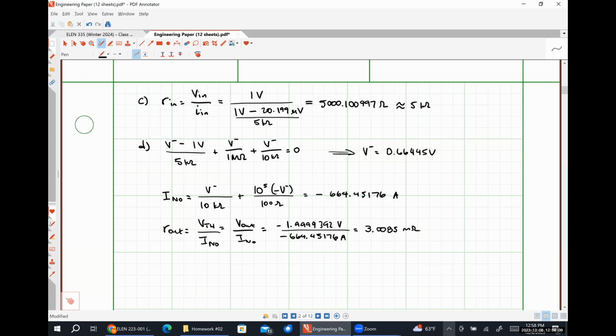All right, so we've done some math here. Now, like I said earlier, we're going to revisit something that we talked about a couple of days ago: what it means for us to have an ideal amplifier.